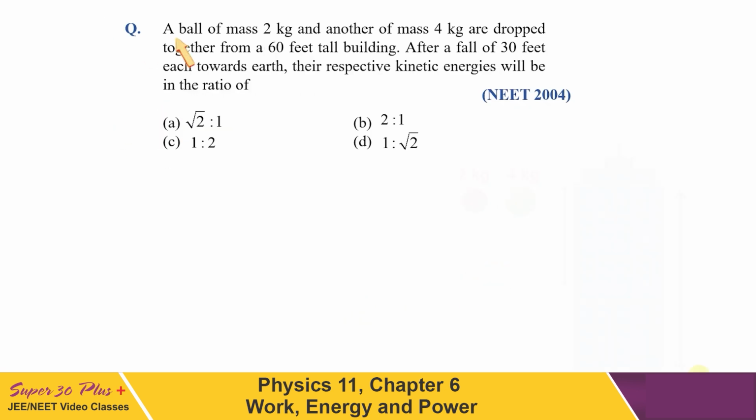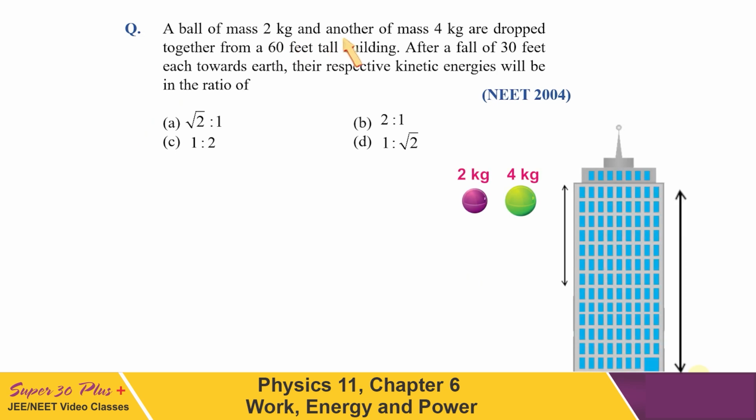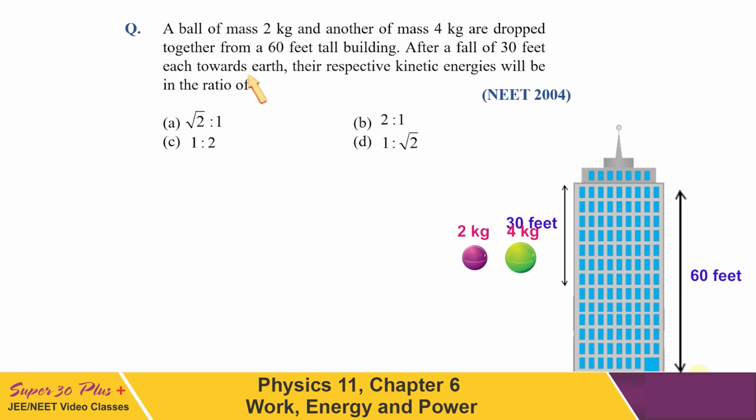Next question. A ball of mass 2 kg and another of mass 4 kg are dropped together from a 60 feet tall building. After a fall of 30 feet each towards earth, the respective kinetic energy will be in the ratio of. Now here we have to calculate the kinetic energy of these two balls.